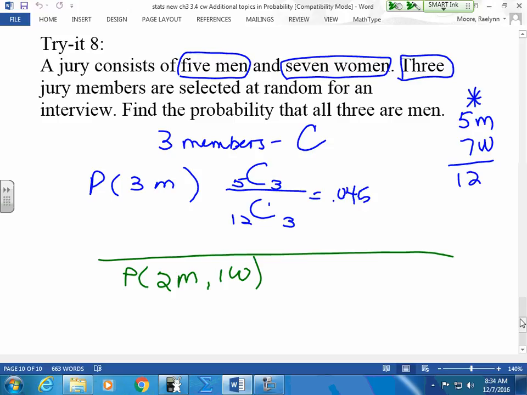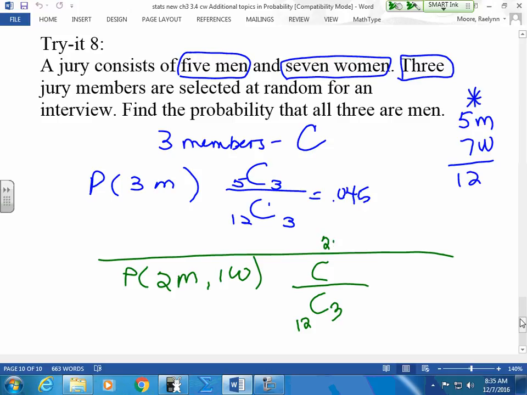Combinations. I am a probability. So probability tells me part over whole. So I'm going to start like this. C over C. Generic. My bottom number. Any 3. How many do I have to choose from? 12. I want any 3. That's my bottom number. My generic. My whole. My total. Combinations.